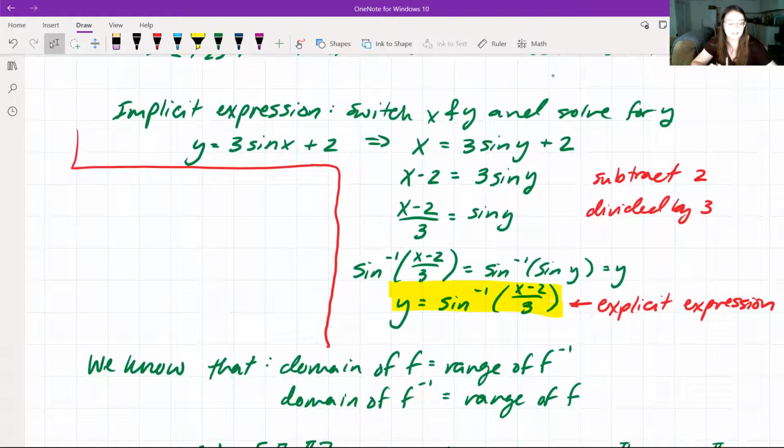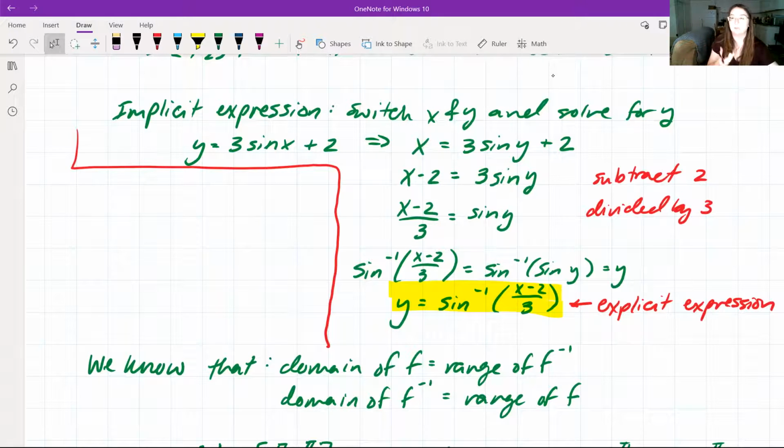This also means that we can use our value of x minus 2 over 3. You can think of it in two different ways. You can think of it as needing the range to fit the original function 3 sine of x plus 2, or you can think of it as x minus 2 over 3 having to be in the range of -1 to 1.